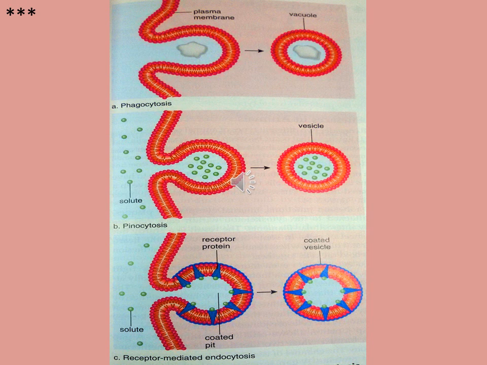This picture shows the three methods of endocytosis. First picture, phagocytosis. The process of endocytosis when the material taken in is large, such as a food particle or another cell. It's common in unicellular organisms such as amoeba.